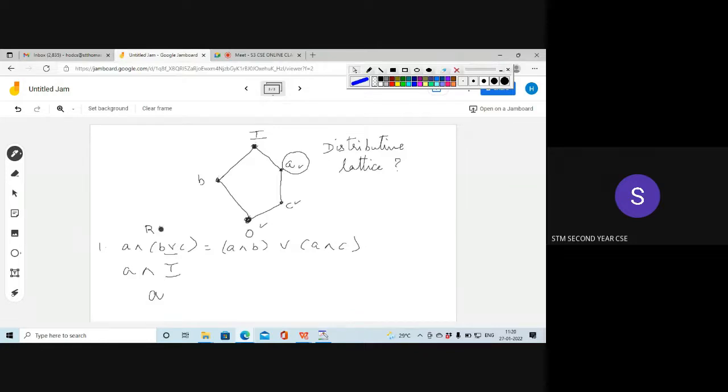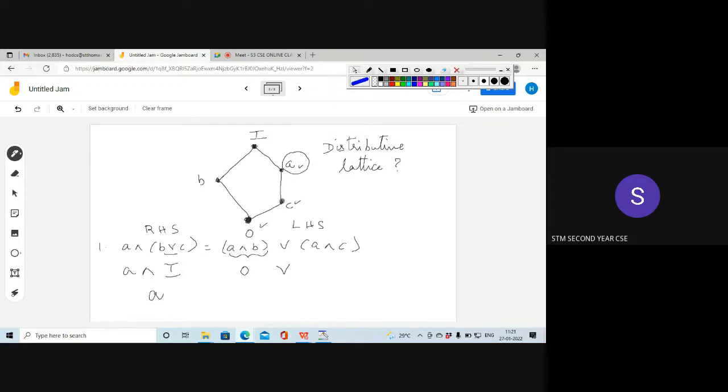This is the RHS. RHS evaluates to A. Now LHS: that is A and B, the greatest lower bound of A and B. Here the greatest lower bound is O. So we get O or (A and C).